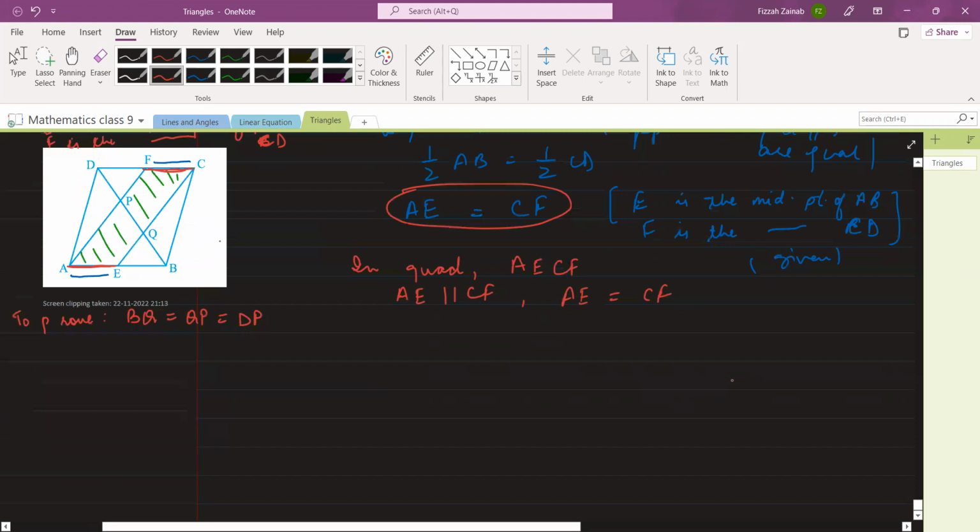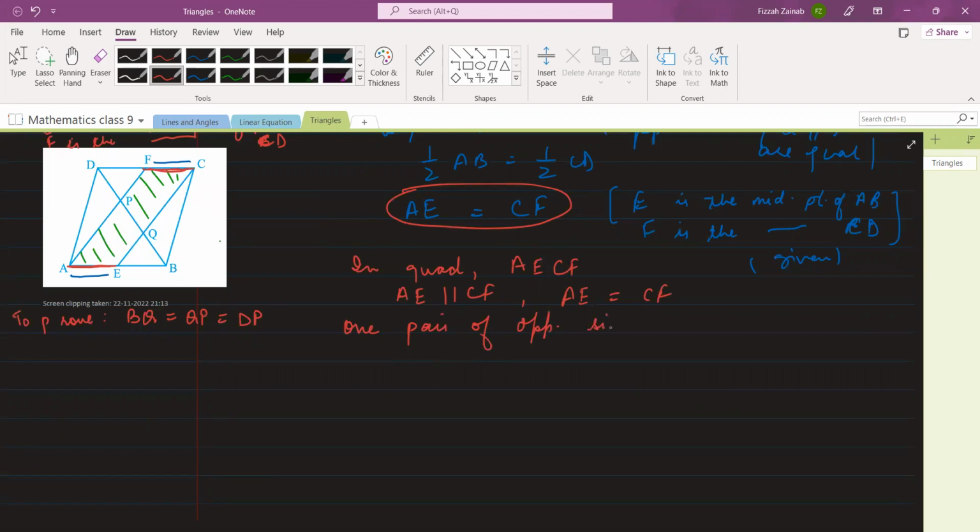So that means one pair of opposite sides is equal and parallel, and therefore I can say that the quadrilateral AECF is a parallelogram.